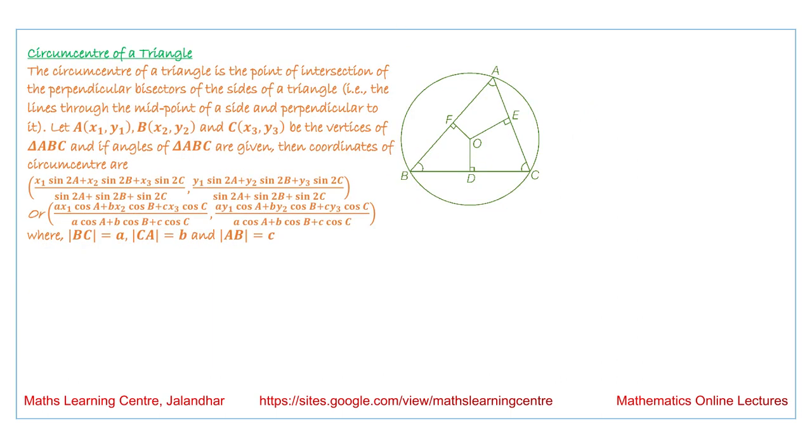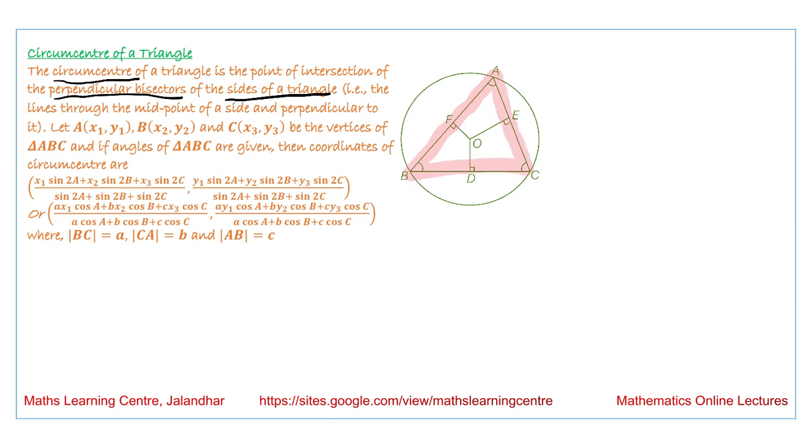The next definition we have is the circumcenter of a triangle. The circumcenter of the triangle is the point of intersection of the perpendicular bisectors of the sides of a triangle. So this is the triangle we have, ABC.